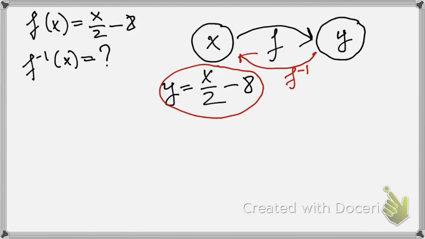So let's do this. This is a simple linear equation with respect to x. The first step is to add 8 to both sides. So you'll get y plus 8 is equal to x over 2. And then the next step is to multiply both sides by 2.